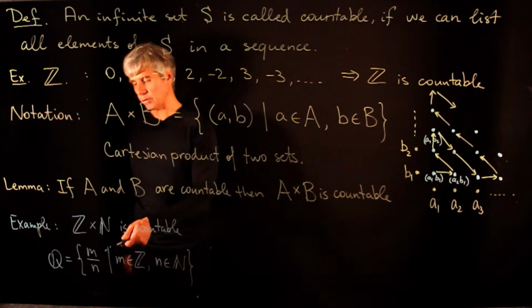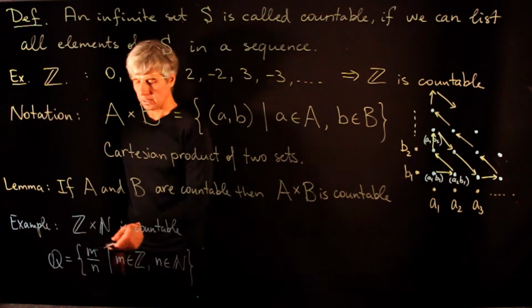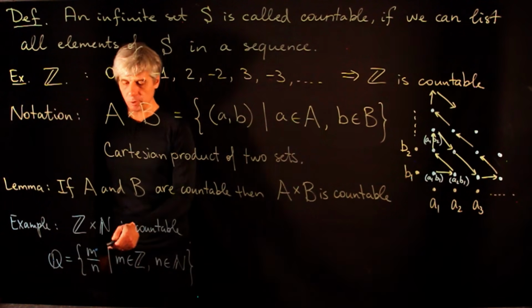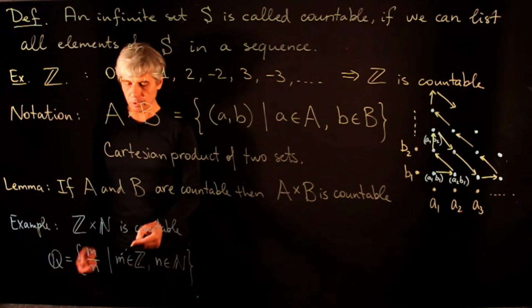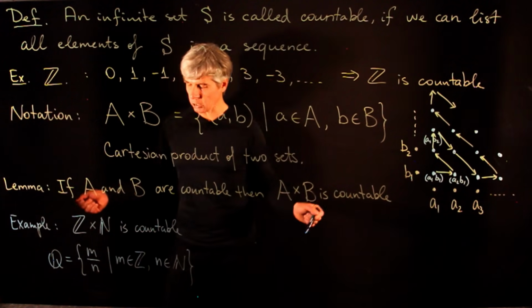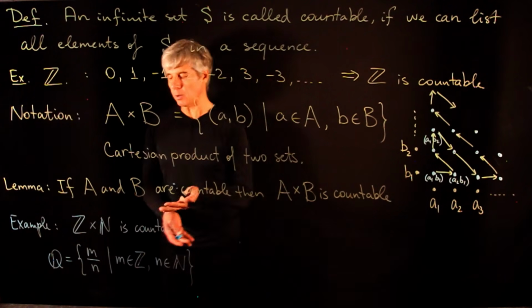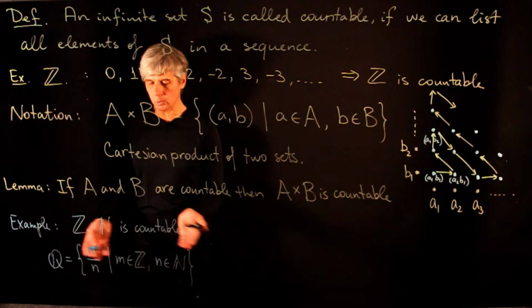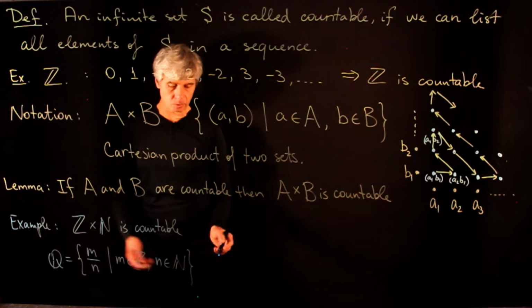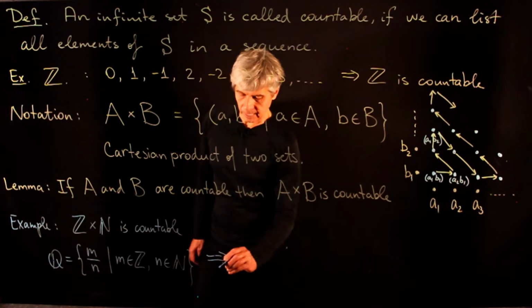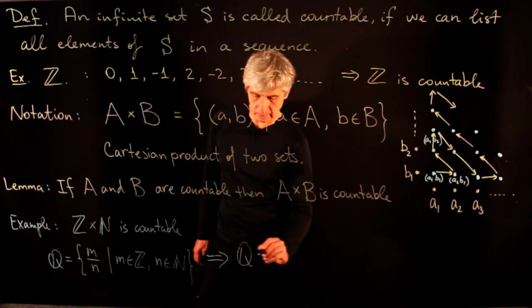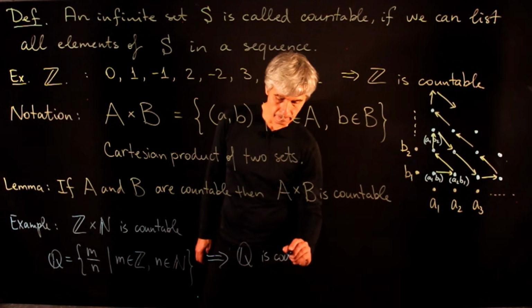Well, there is a little bit of a problem here of duplication, that the same rational number can be written as two different fractions. But what we can do is arrange them all with duplications in one sequence and then throw out from this sequence all duplicates. And so what we get is that the set Q is countable.